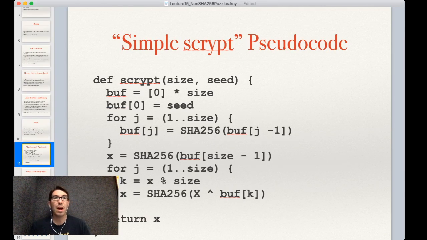For scrypt, we're going to create this buffer, which is basically an iterated SHA-256.